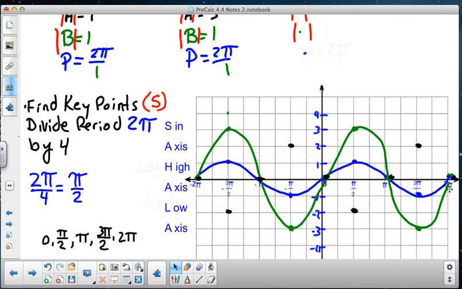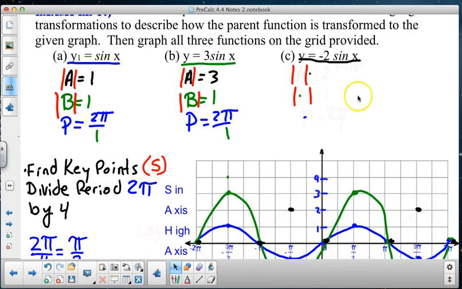But keep in mind, if my a value is negative, that is a reflection of my graph across the x-axis. So now, although my amplitude is still 2, this causes a flip of my graph. So I reflect it in the x-axis.